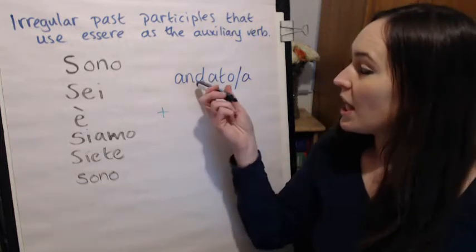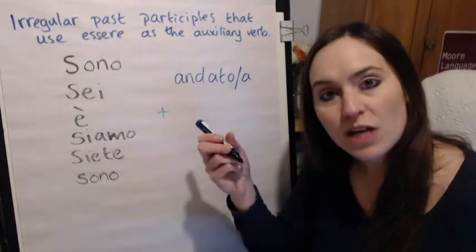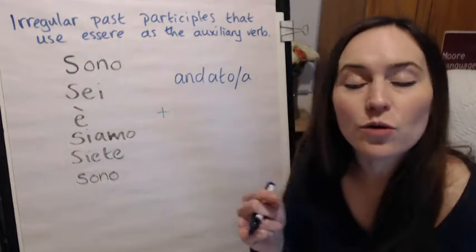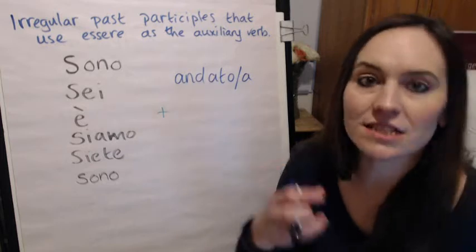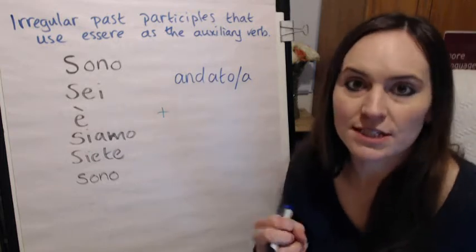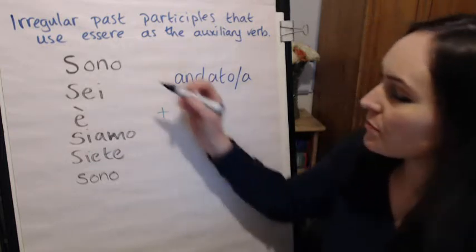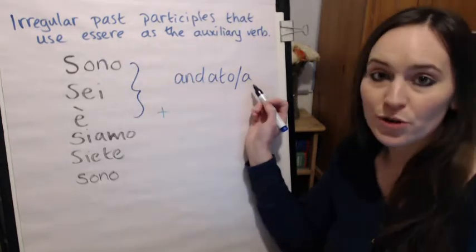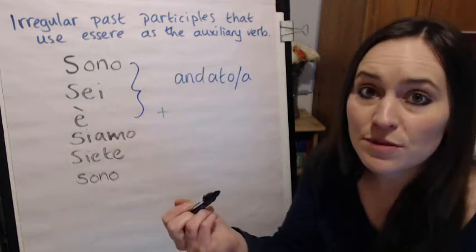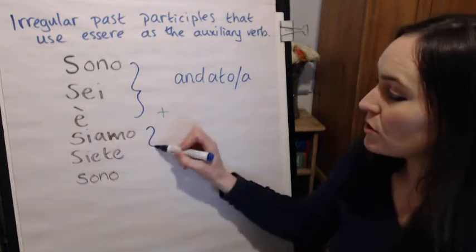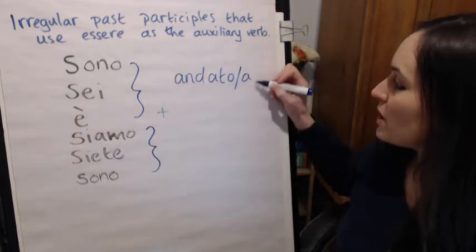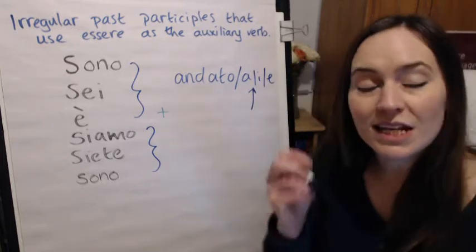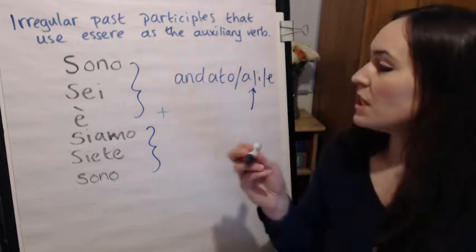So ARE verbs go to ato or ata, or ati with an I, or ate with an E at the end, depending on who the subject is. If it's singular, it will end with an O or an A, depending on the gender of the subject. And if it's plural, the ending will be I or E. Okay, and that's going to change the pronunciation.